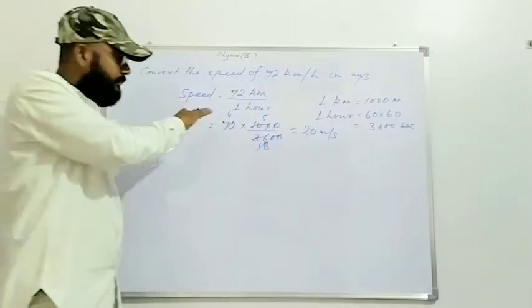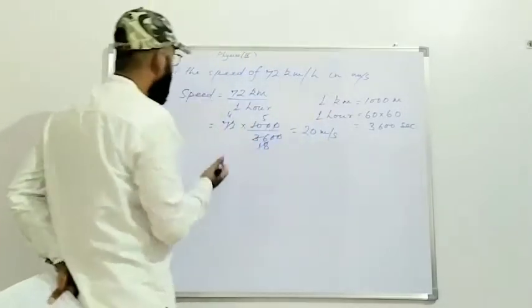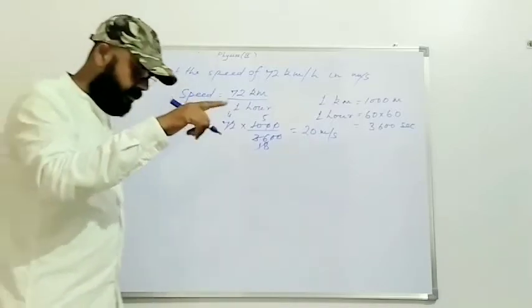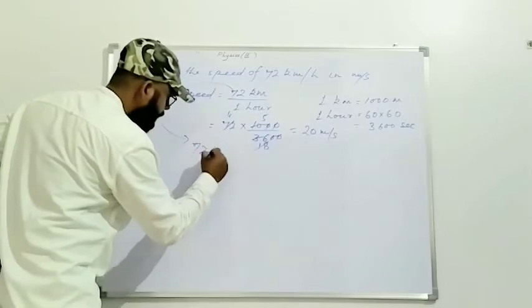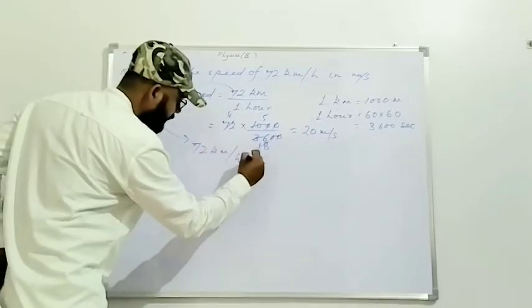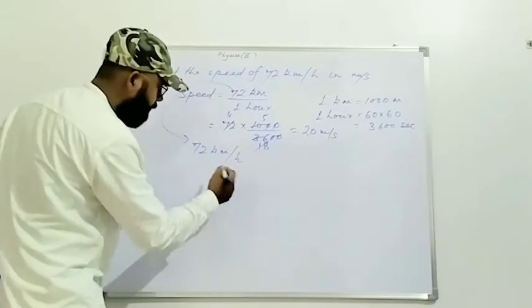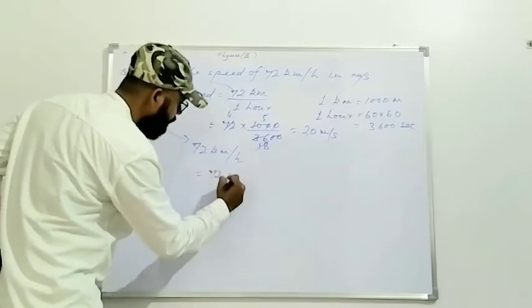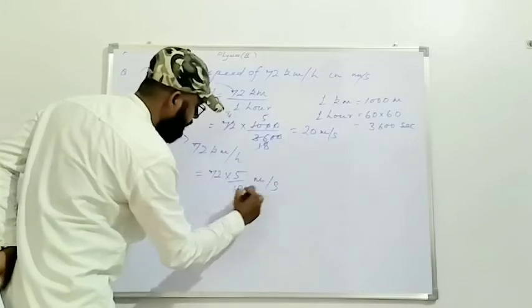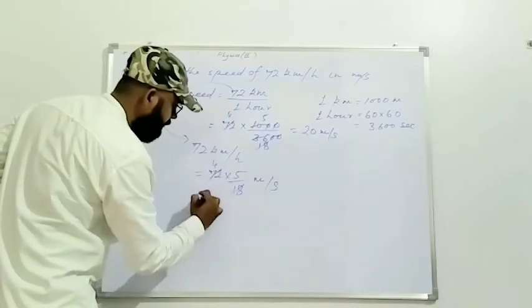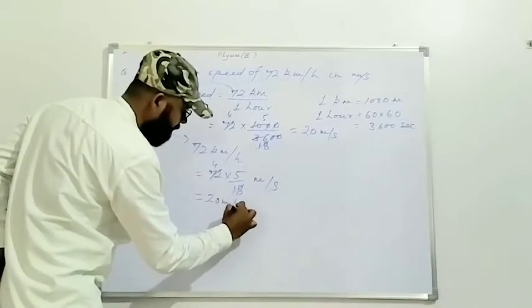So this is the long procedure. Okay, now in my last video I solved one question. I directly multiplied 72 kilometer per hour, converting into meter per second, that is 72 into 5 upon 18 meter per second. The answer will come the same, 20 meter per second.